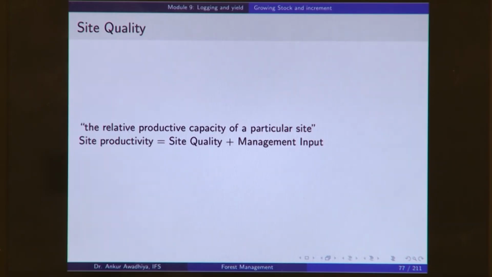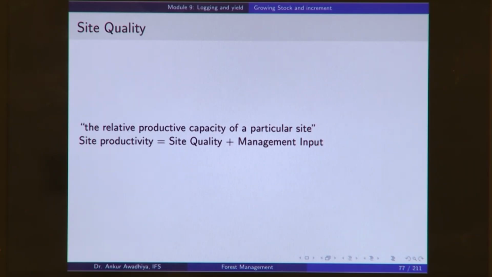If you only consider the intrinsic quality, that will determine the relative productive capacity of any site. We are not talking about the absolute productive capacity. The absolute productive capacity will also be dependent on the management input, but if we just talk about the intrinsic qualities, we will be talking about the site quality.